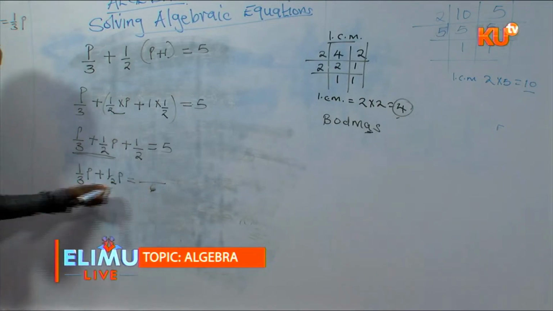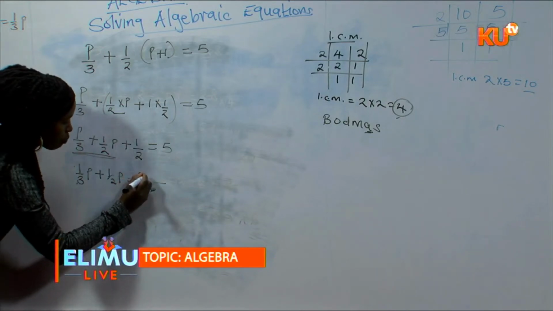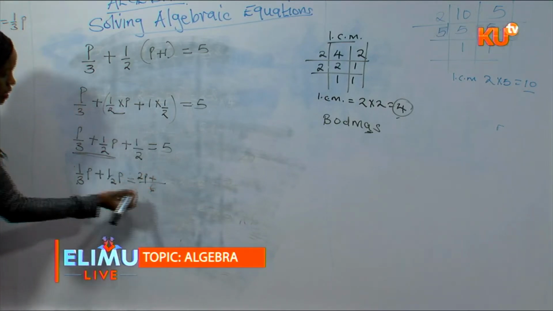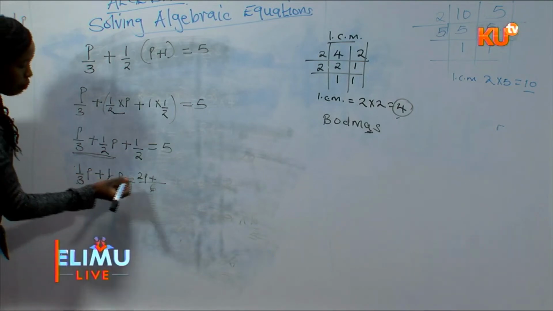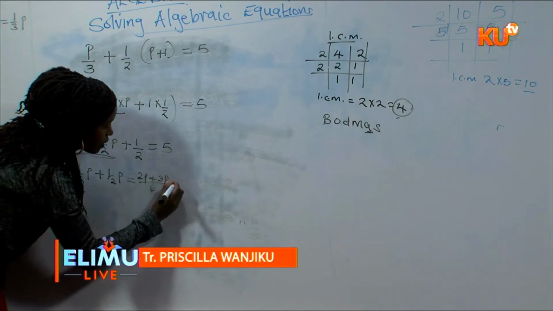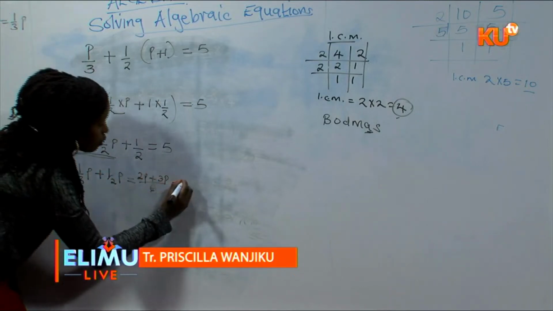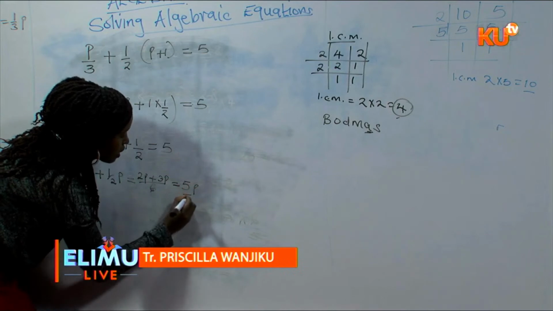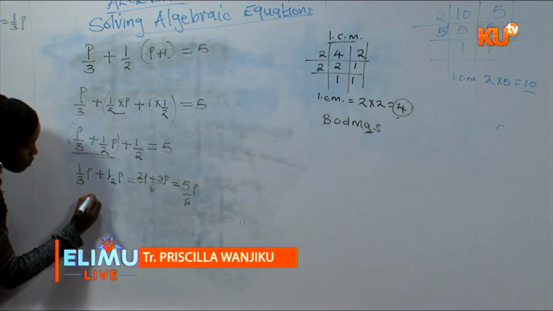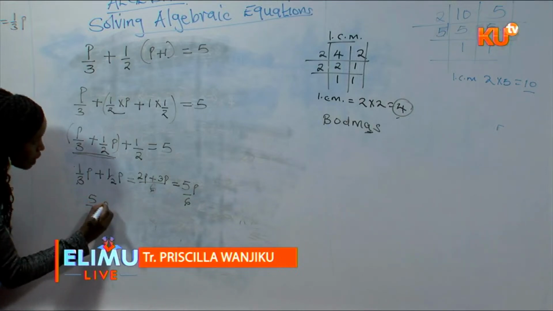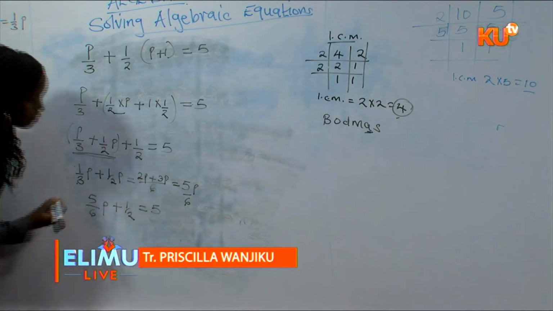So 6 divided by 3 is 2, 2 times 1, we get 2P, plus 6 divided by 2 is 3, times 1, we get 3P. And then we add 2P plus 3P, we get 5P over 6. Now we have solved this part. So 5 over 6 P plus a half is equal to 5.